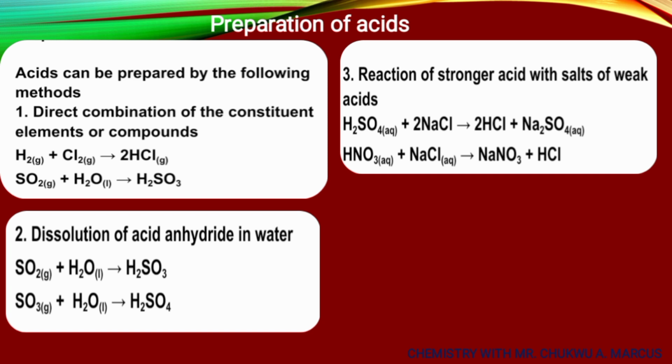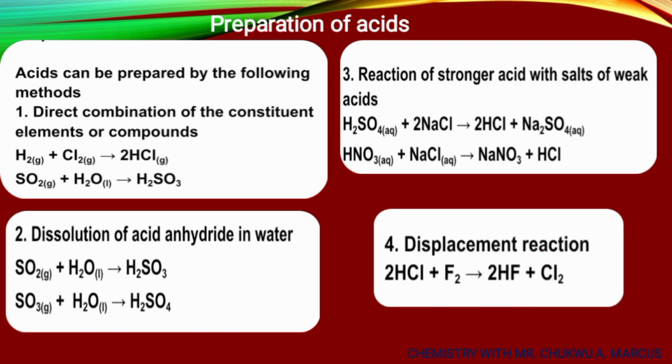So here what we are saying is that a stronger acid will be added to a sort of weaker acid. It's not compulsory that the weaker acid is a weak acid. I want you to get that. It's not compulsory at all, and we can actually use that to get acid. So we have another one, a displacement reaction, where something like fluorine will displace hydrogen chloride gas and it becomes a salt.